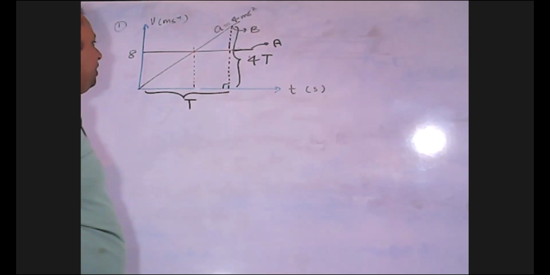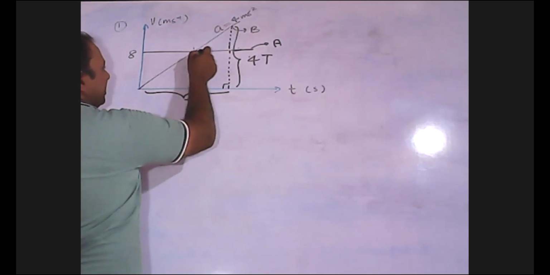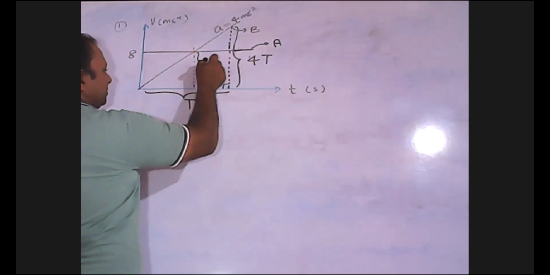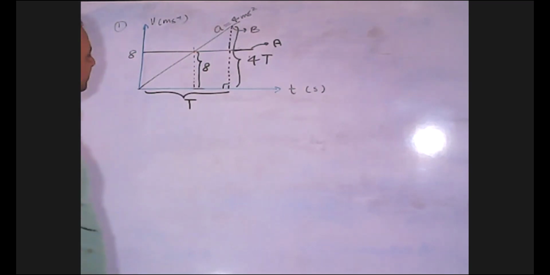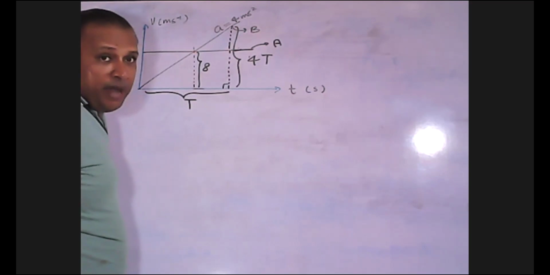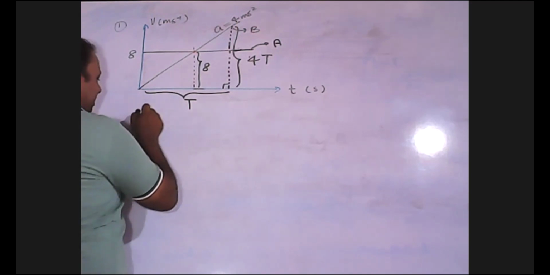If it is 40 and this height is 8. Okay. Therefore, when B passes A, the travel distance of both A and B should be equal. So we can write that one.